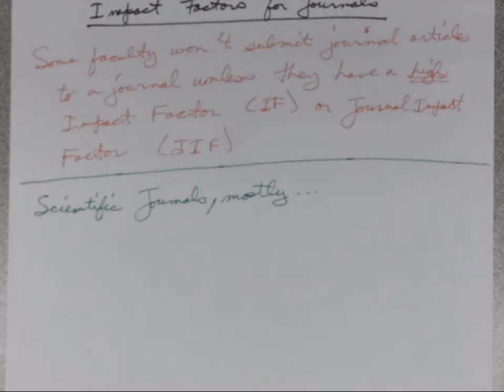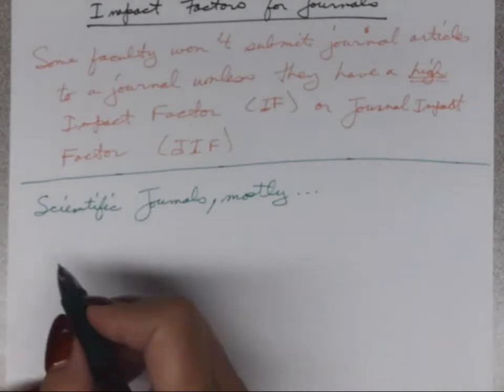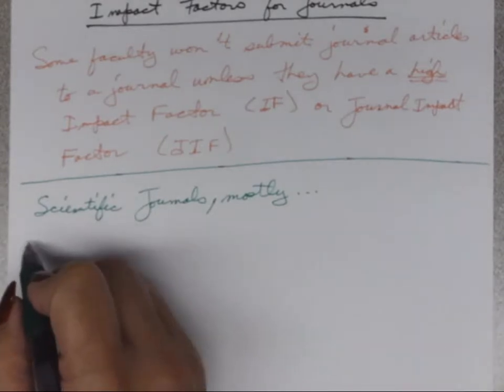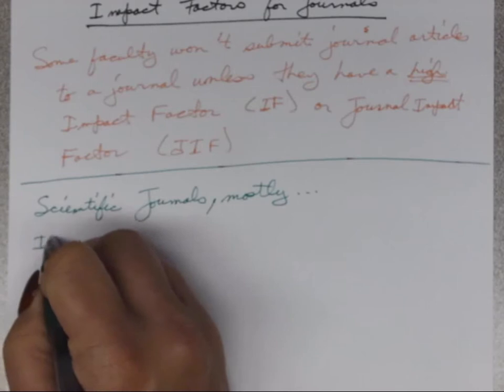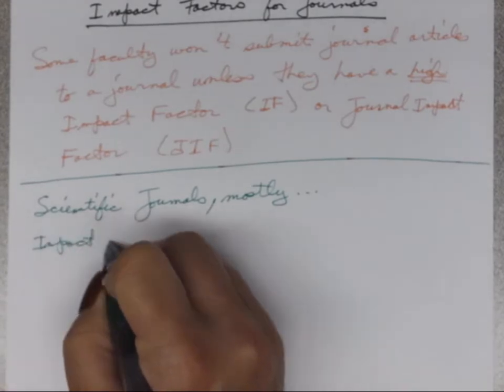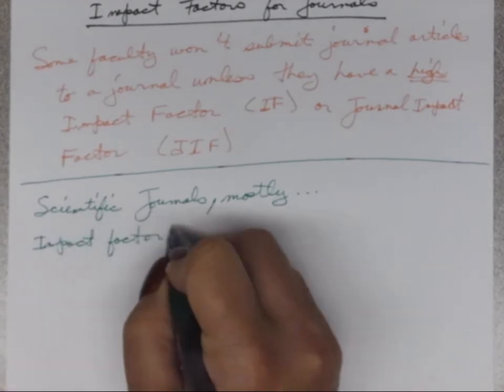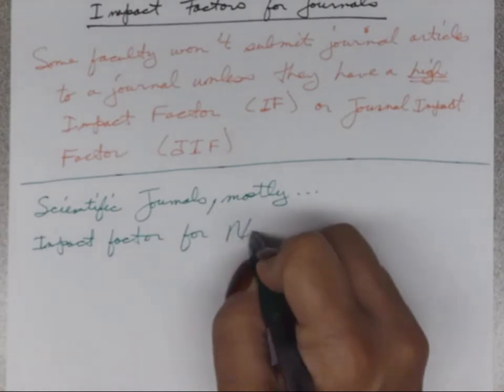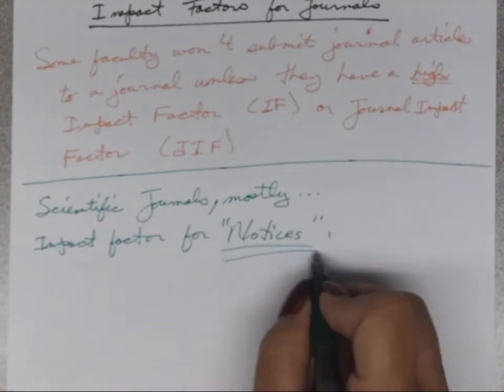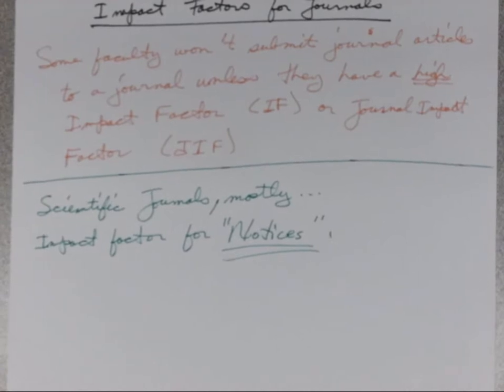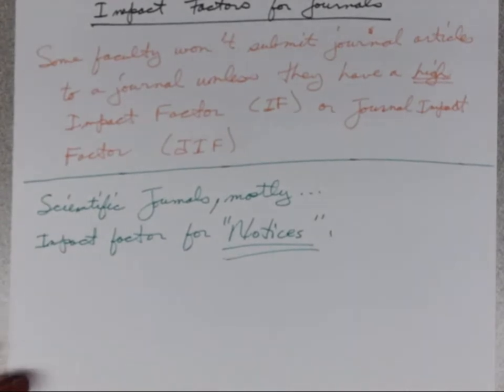So how does it work? That's the question. What you do, and I'll give you an example. This is 2020, right? So if I wanted to find an impact factor in a mathy journal that's a pretty impressive journal if you can get published in, it's called the Notices, okay?